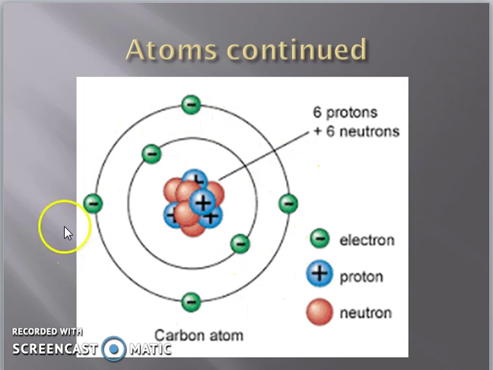So in these orbitals, the stable arrangement is going to have 8 electrons on the outermost shell. So that's a really important concept regarding atomic structures, those 8 outside electrons.